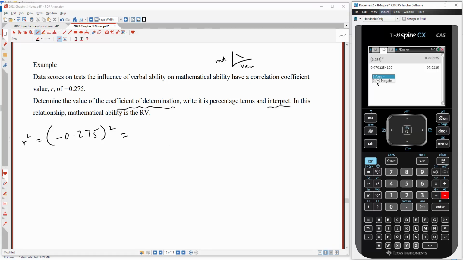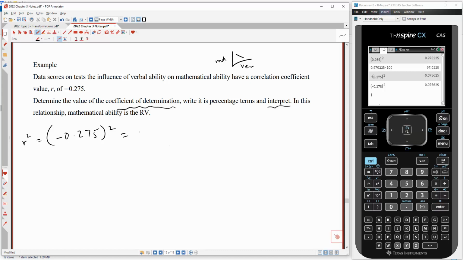If I put down negative 0.275 all squared, the calculator doesn't know that you want the negative squared as well, so it gives you a negative answer. So we make sure that we bracket, put down negative 0.275, square it, and hit enter, and we get that number there.